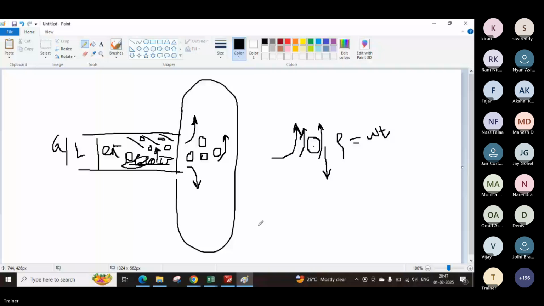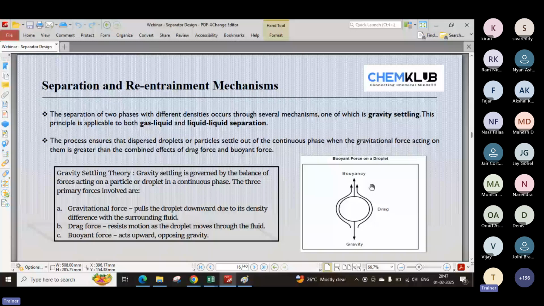It observes a resistance from the gas, that is called drag. So any liquid particle which we have to separate from the gas phase has a gravity force as well as a buoyancy force, and there is a drag across its surface. We need to understand these forces together. As I said, gravitational force will try to pull the droplet downward because of the density difference; it has a density and that's why it has a weight, so it will try to fall down.